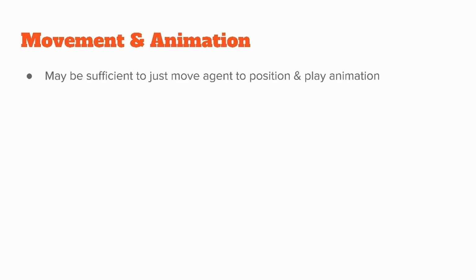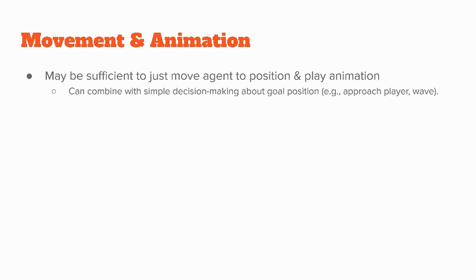And it makes it look like the agent is smart and decided, oh, I need to tune this engine. But really, they're just moving and playing an animation. Very often in a lot of games, that's all you need to do for AI to make it look smart. But you can combine it with simple decision making, like where do I go?